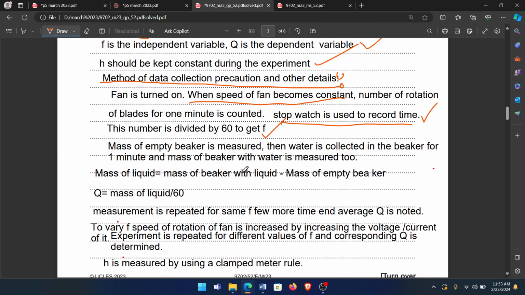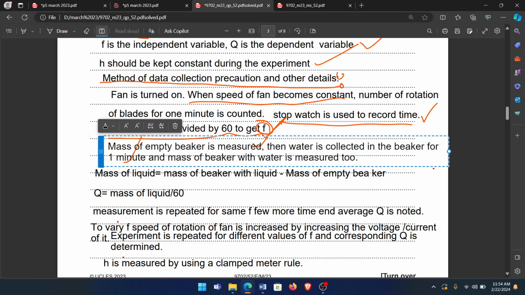So what is done here? Look, divide this number to get F. F is found out. Mass of empty beaker is measured. Then water is collected in the beaker for a minute. Mass of beaker with water is measured. I wrote water here, but they mentioned liquid, so change it to liquid.